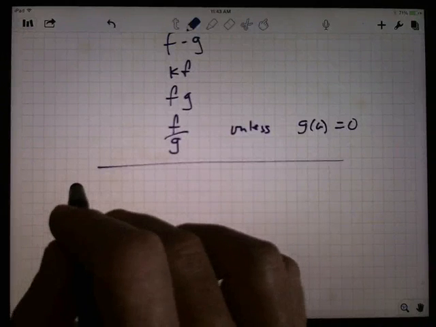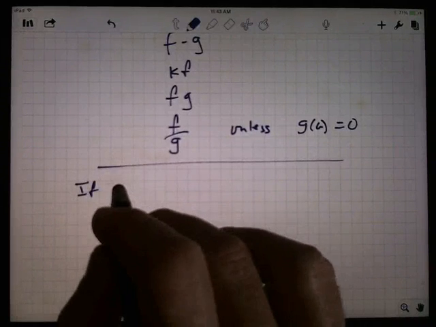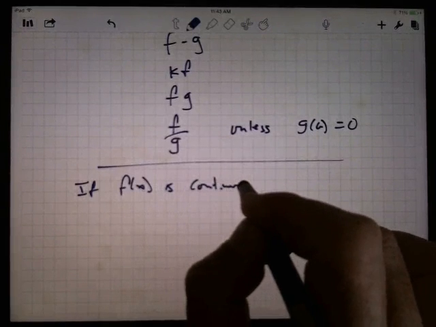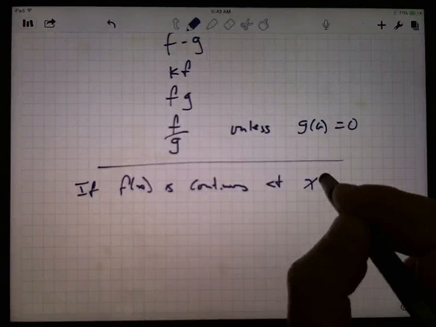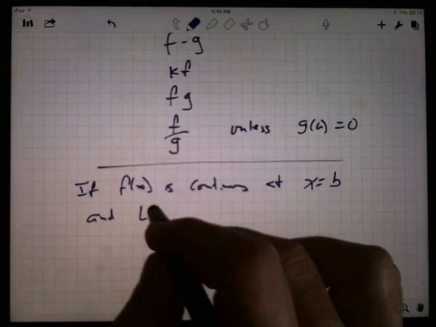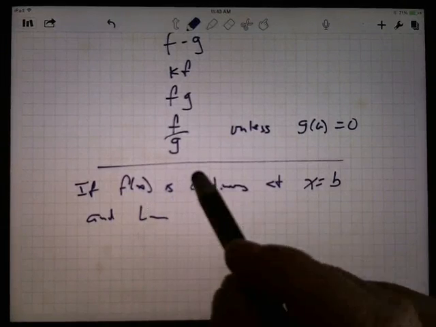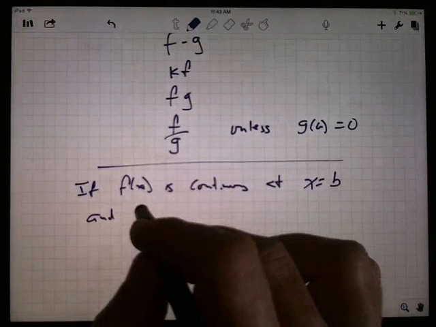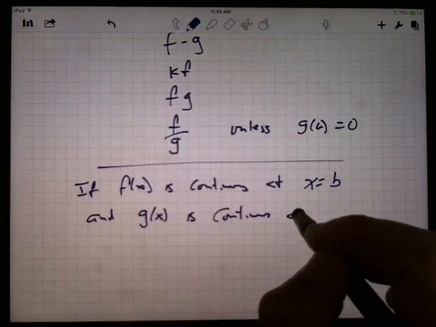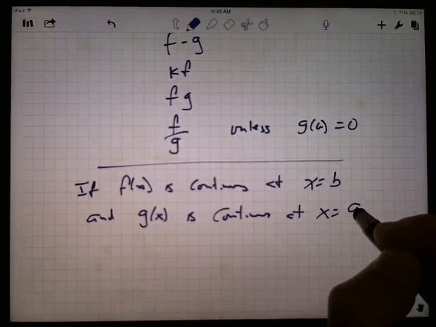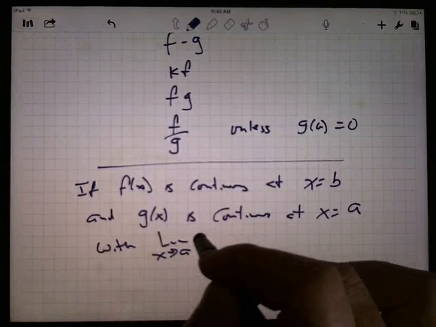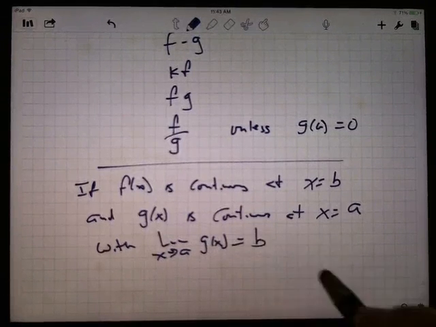So suppose f of x is continuous at x equals b, and g of x is continuous at x equals a, with the limit as x goes to a of g of x equaling b.